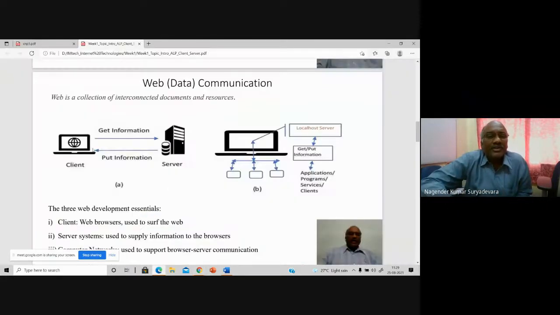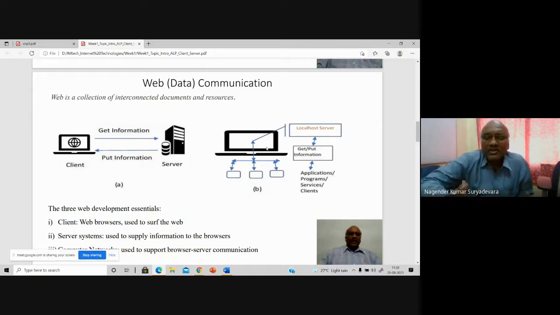So here, a client usually makes a request, and obviously the server is going to serve or respond to that request. Both, remember, the client is at one place and the server is at another place. But if you see the second diagram, your server is in your local box, in your computer itself.